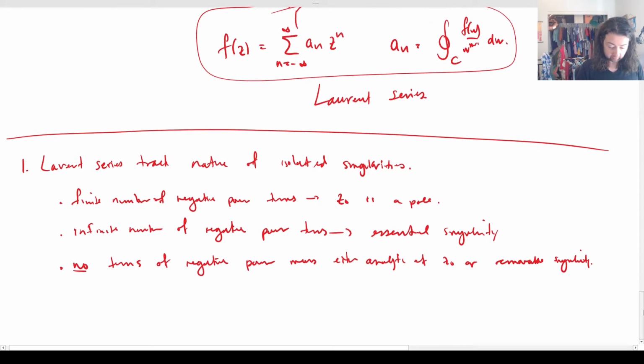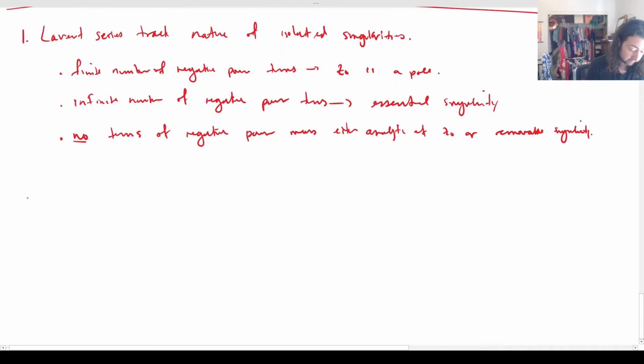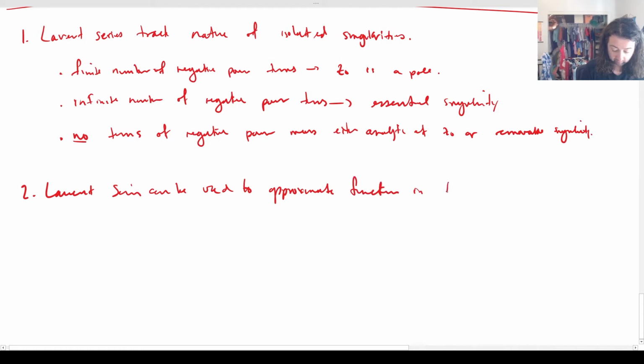Just like Taylor series, it turns out to be the case that we can use Laurent series to approximate if we're careful. So Laurent series can be used to approximate functions in a manner similar to Taylor series.